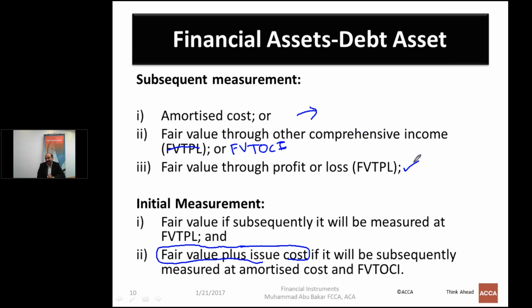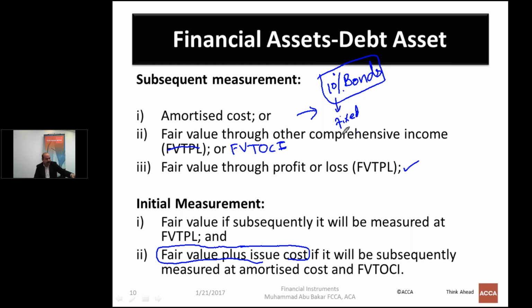Arif, you are correct. Shayan is saying, can you explain accounting mismatch in detail again? See, you have invested in the bonds, 10% bonds, fixed rate.